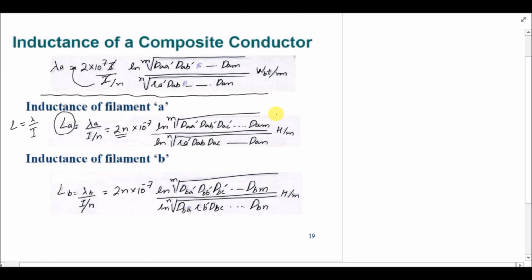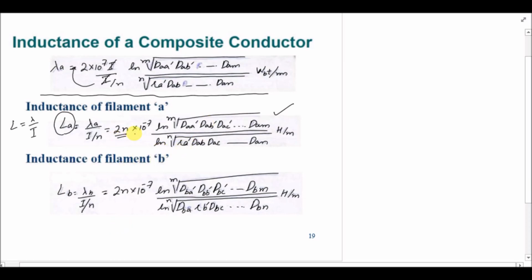So using this equation, we can write the formulas for the inductance of conductors other than A. The inductance of conductor B will be lambda B, which is the flux linkage of conductor B in a group of conductors, divided by the current that is flowing through that particular conductor, and I'm just changing some variables here.